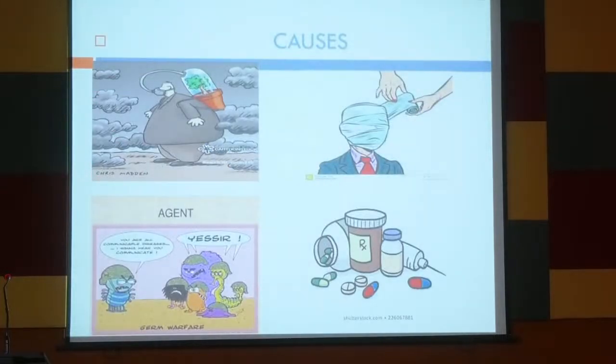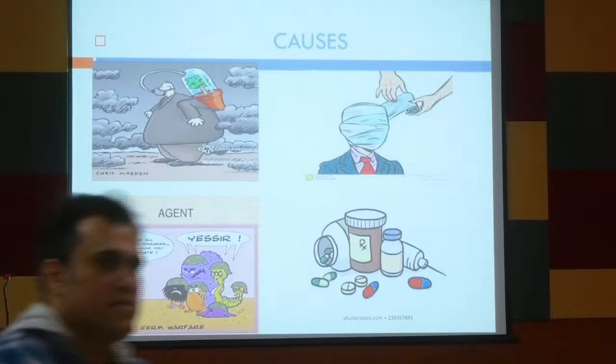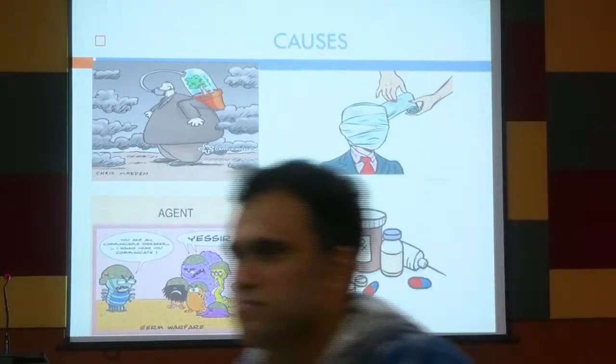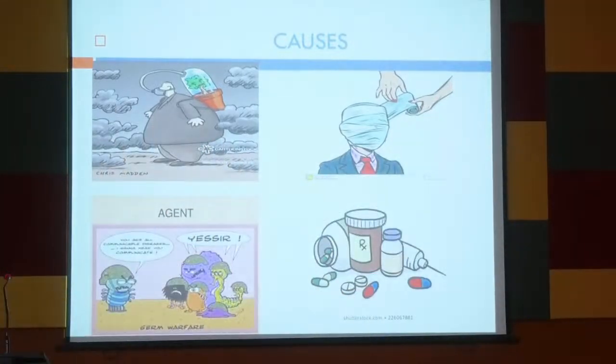What is the difference between hypoxia and anoxia? What is the difference? What is hypoxia? Anyone? Lack of oxygen? You must be very clear what is hypoxia and what is anoxia. Anoxia means total absence of oxygen.